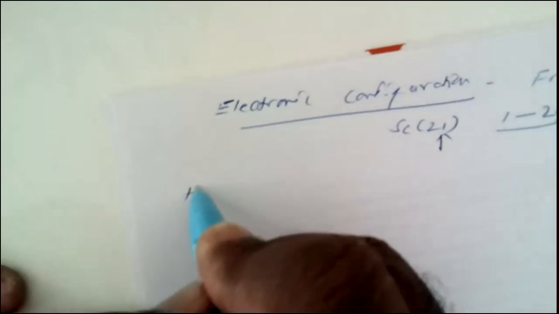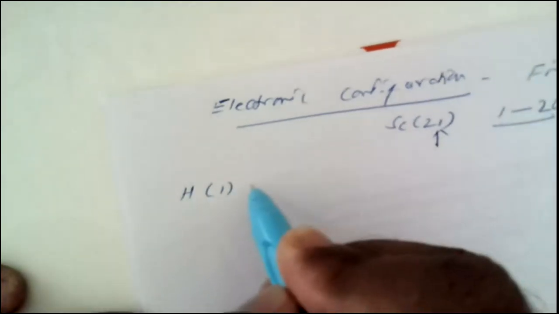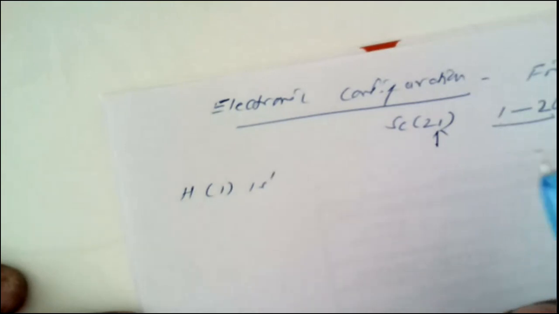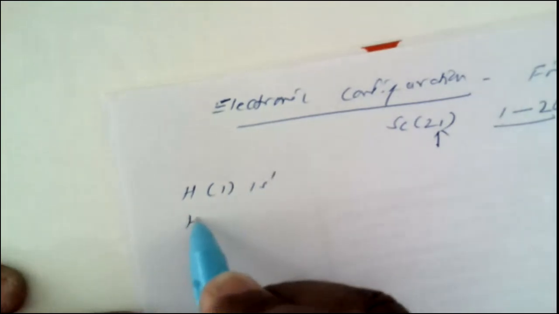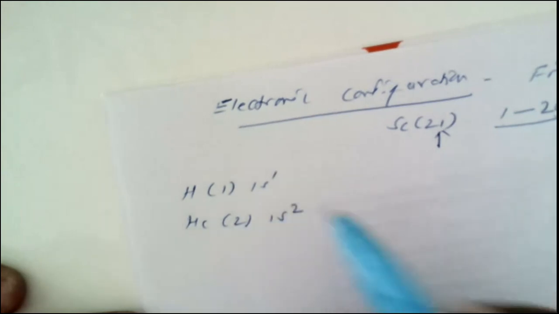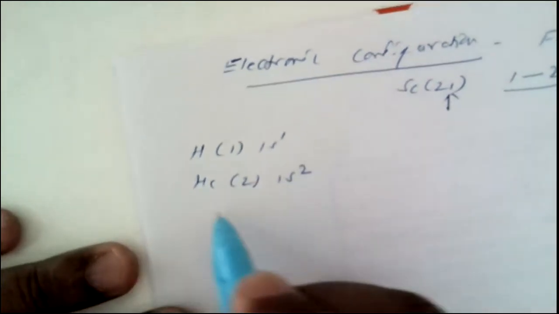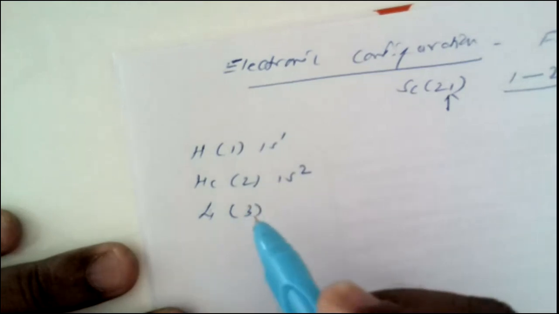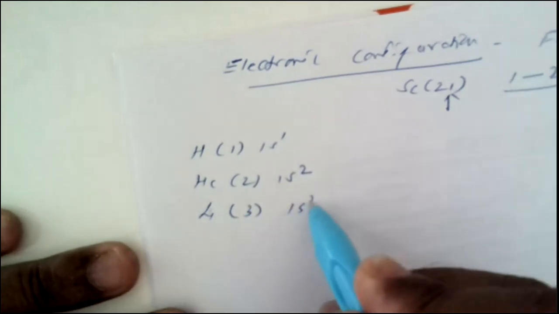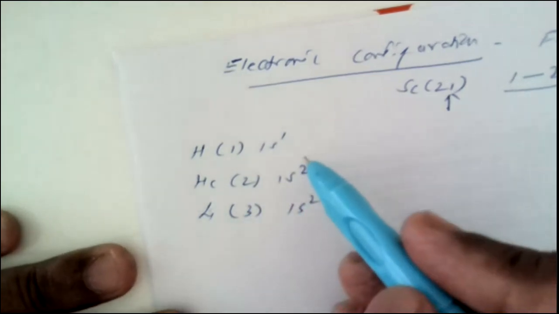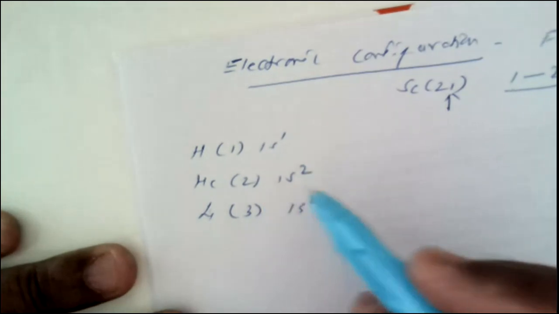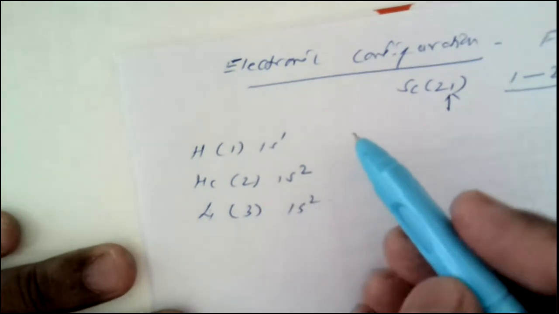As we know, hydrogen, atomic number 1, electronic configuration 1s1. Then the second member, atomic number 2, has the electronic configuration 1s2. Third member, atomic number 3: the 1s orbital is filled at helium, and one more electron is to be added.